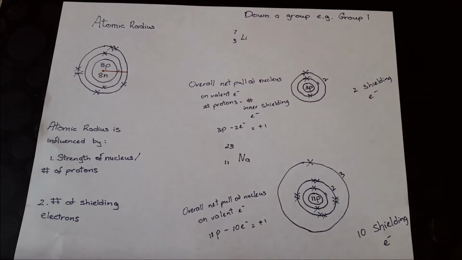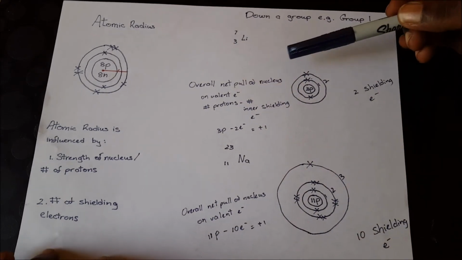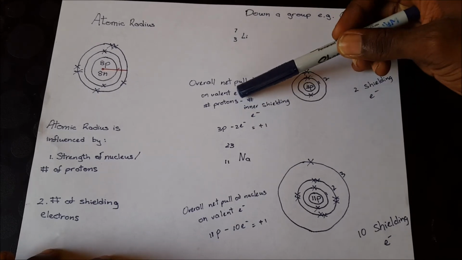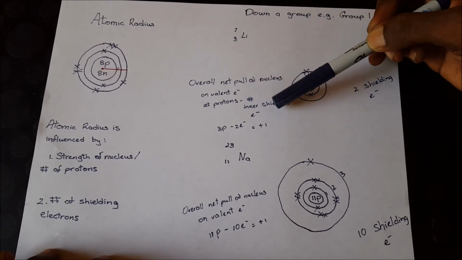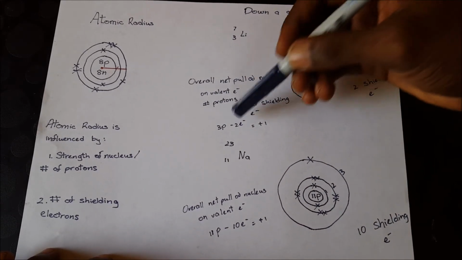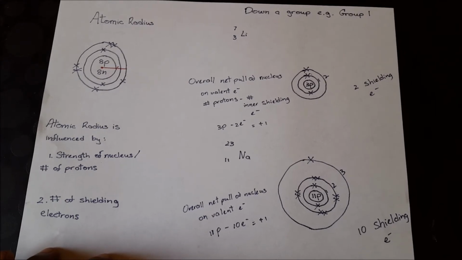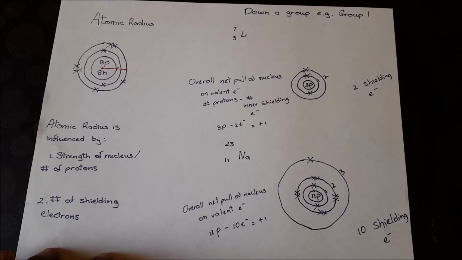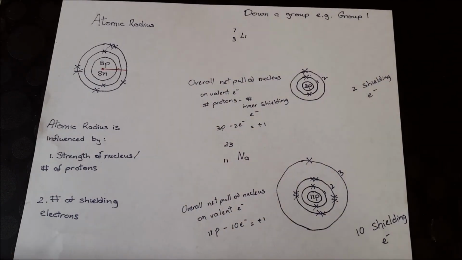Let's look a little deeper. It is actually possible to calculate the pull that the valence shell electrons will feel from the nucleus. And the way that we do this is to take the number of protons and subtract the number of inner shielding electrons. If you have 3 protons, like in the case of lithium, and those 3 protons all have a charge of +1, the pull that the valence electrons could feel is +3.